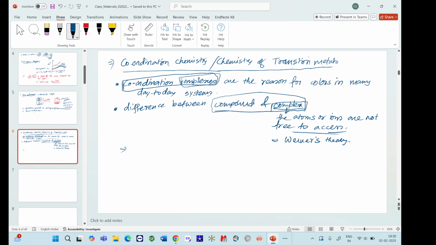So in this course, basically you will be taught about Werner theory and stability of complexes. Then two theories that are complementary to each other.